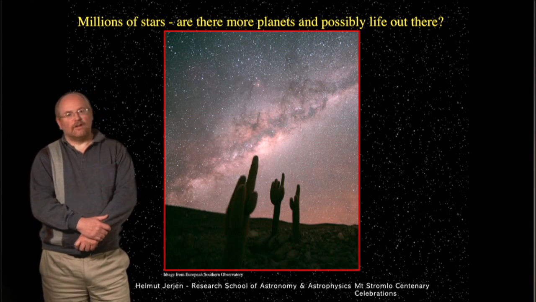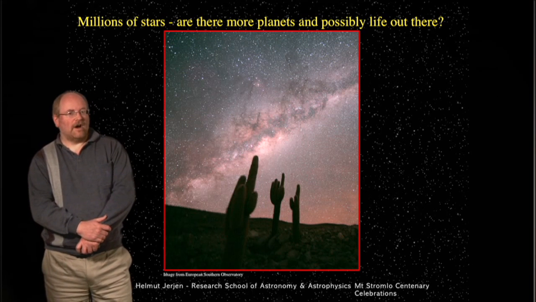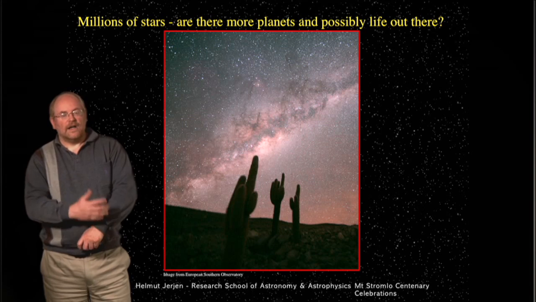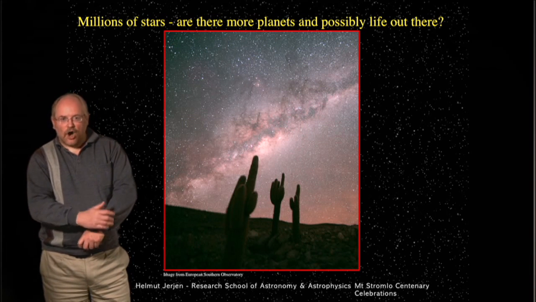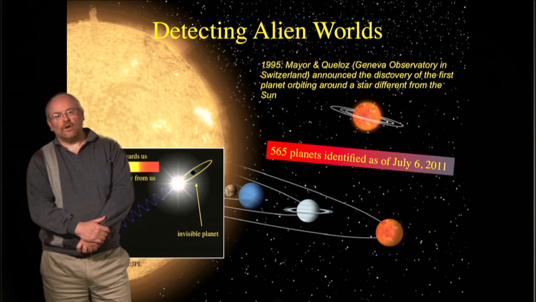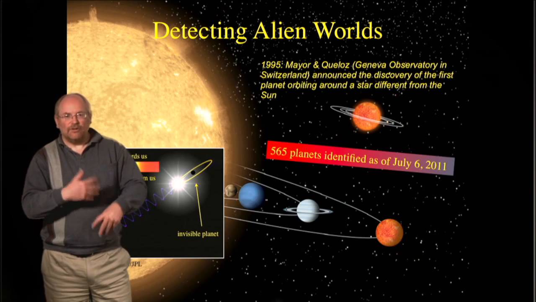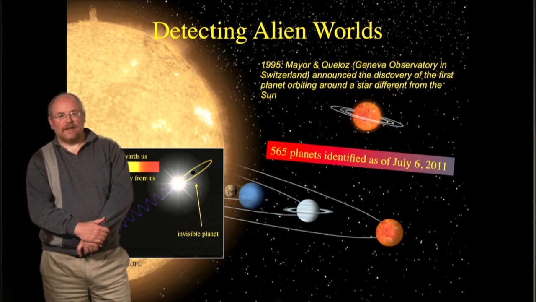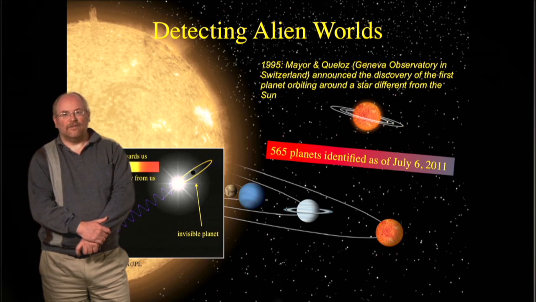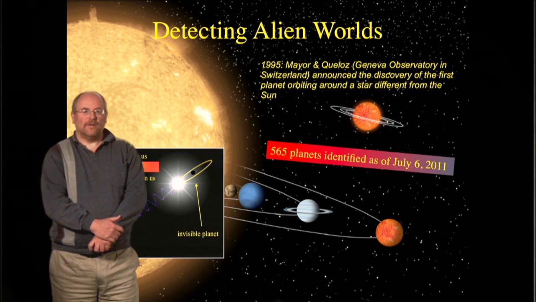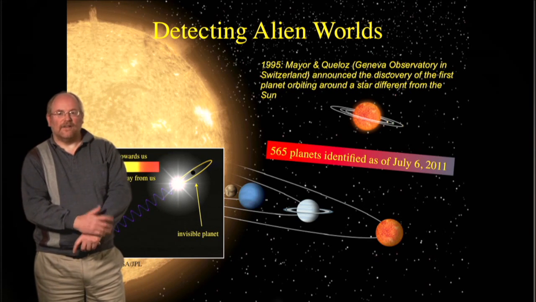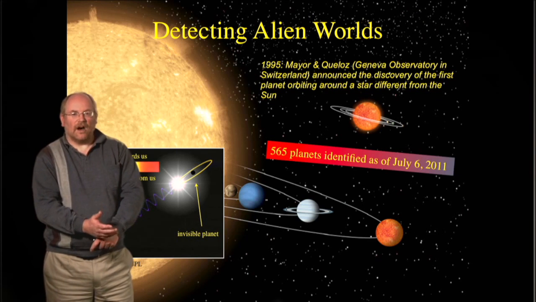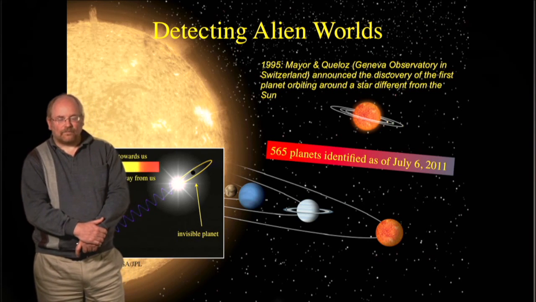However, these planets around other stars are very hard to find because their light is overpowered by the light from the host star. So it took a long time to detect alien worlds. It actually took until 1995, when two Swiss astronomers from the Geneva Observatory could finally announce the discovery of the first planet orbiting a different star, different from our Sun.